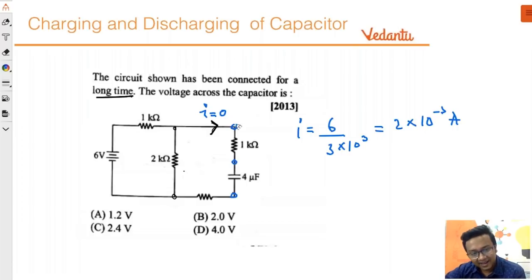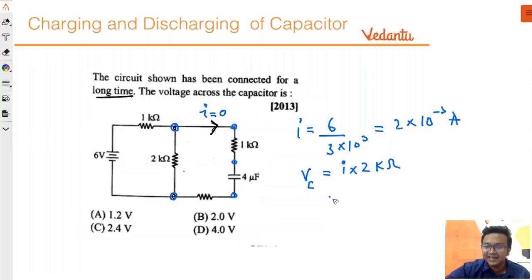Repeating it once again, whatever is the voltage across these 2 points is the voltage across the capacitor. Then the voltage across the capacitor is going to be I into 2 kilo ohms. Then I is equal to what, my dear students? Just calculate it. You will get your answer as 4 volts. Very simple. You get 1 mark for this, 2013. So that's a very lollipop question for all of you.